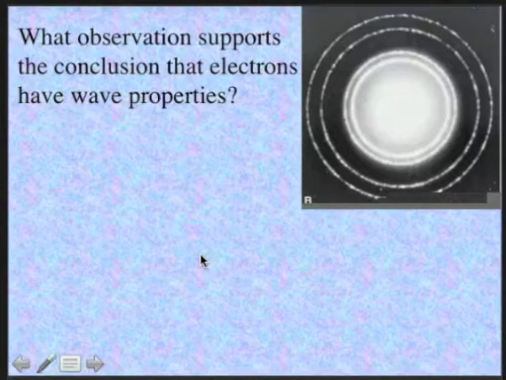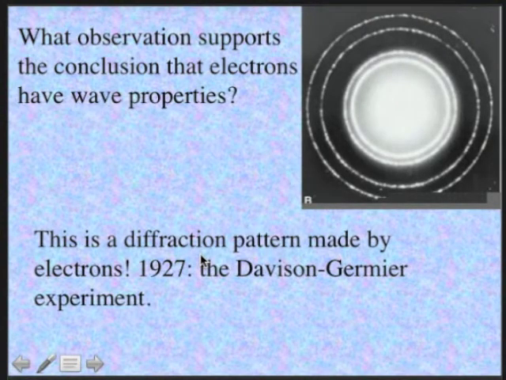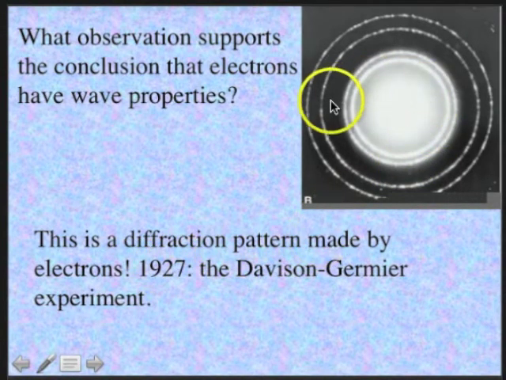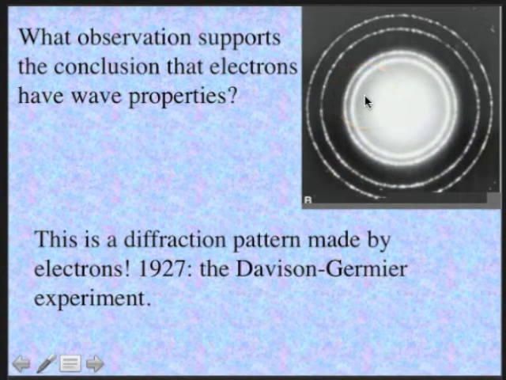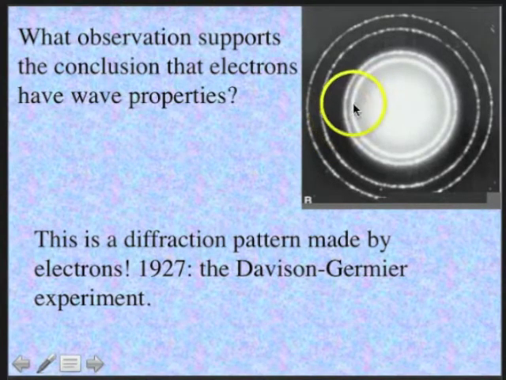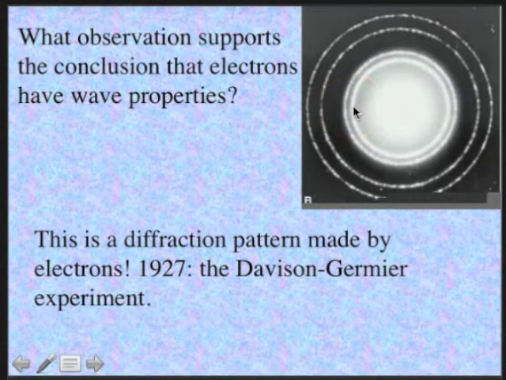Are there experiments that show that electrons can be diffracted? And that's exactly the basis of the Davisson-Germer experiment in 1927. This photograph shows a diffraction pattern caused by electrons, confirming de Broglie's idea that electrons have considerable wave character to them.